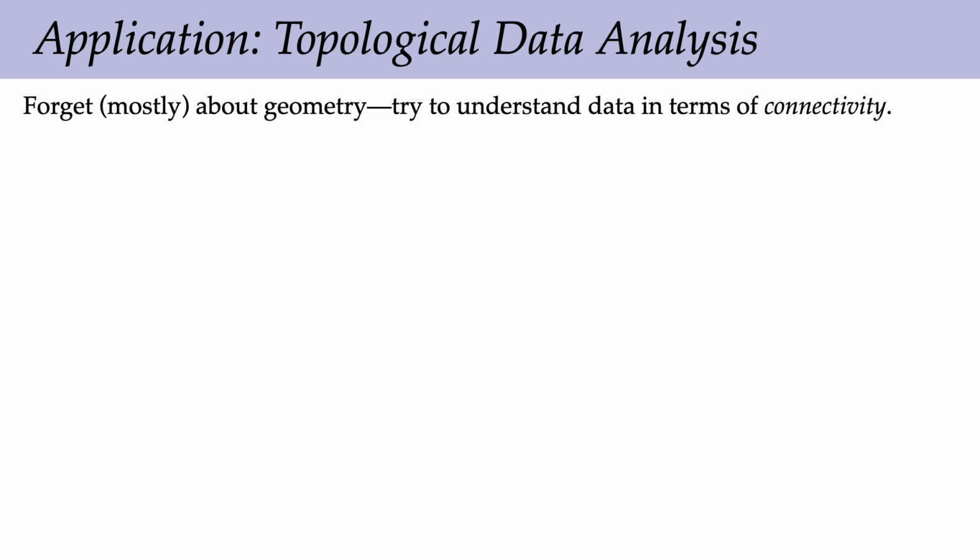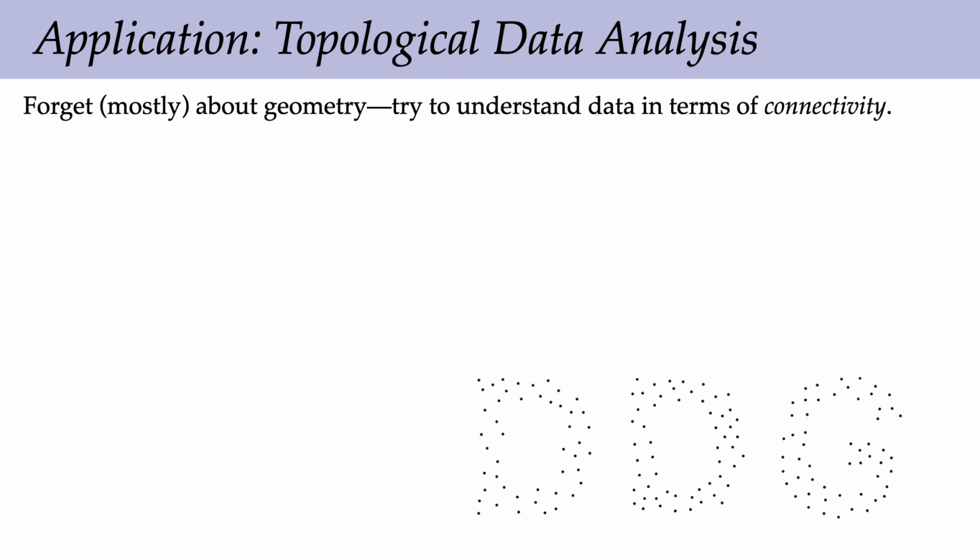Okay, so just one of many ideas in this area is called persistent homology, which I'll try to explain briefly. The motivating example here is I have just a set of points. Literally I have a list on my computer of coordinates for these points. I know nothing else about them.